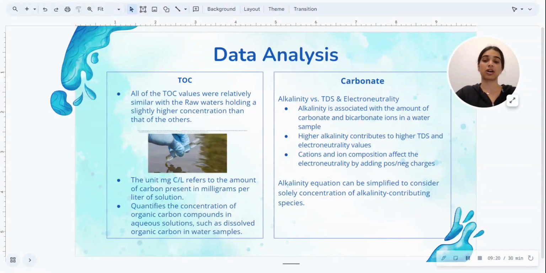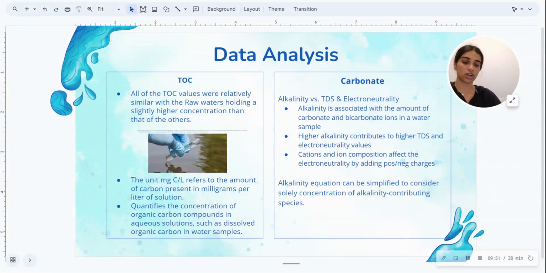So that quantifies the concentration of organic carbon compounds in our aqueous solutions, such as dissolved organic carbon in water samples. For carbonate, to talk about alkalinity versus the total dissolved solids and electroneutrality, alkalinity is associated with the amount of bicarbonate and carbonate ions in the water sample. High alkalinity contributes to higher TDS and electroneutrality values, and cations and anions composition affect the electroneutrality.